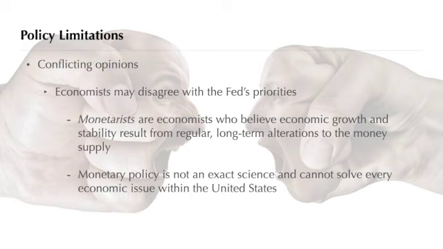Monetarists believe that the Fed should increase the money supply by an established amount each year rather than responding to short-term ups and downs in the economy. The disagreement over the goals of U.S. monetary policy among policymakers underscores the fact that economics is not an exact science like physics or chemistry. Because of this lack of certainty, the Federal Reserve and other government agencies cannot develop policies that consistently solve all of the complex economic issues in the United States.